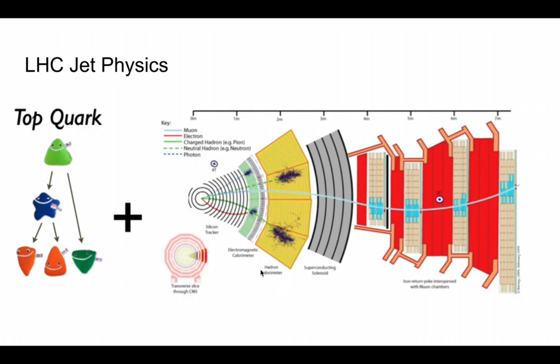The yellow part is the so-called hadron calorimeter, which can detect neutrons, neutral particles, or charged hadrons. And you can have muons, which are minimal ionizing particles that can penetrate most of the detector and leave a trajectory in the muon spectrometer. Charged particles move in a curve because the detectors are inside a magnetic field, and you can use the curvature to determine the momentum and the sign of the charge of the particle.